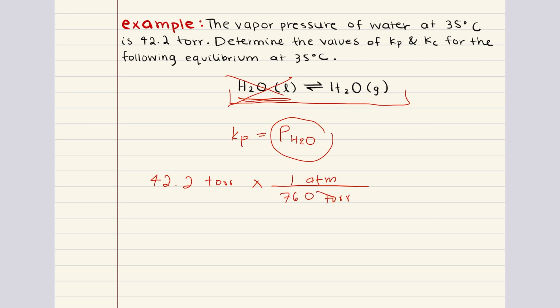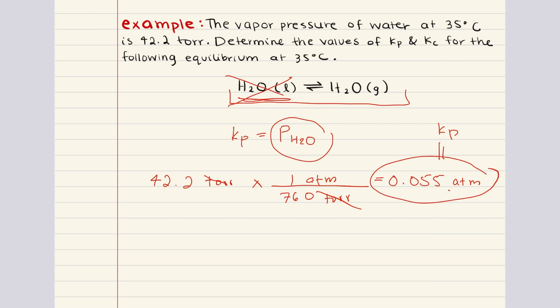You notice that these units cancel out, and our final answer is going to have units of atmosphere, and this is going to give us 0.055 atmosphere. Now, this is our Kp value. All right, but remember something else here that's really important. We do not write the unit. All equilibrium constants are unitless.